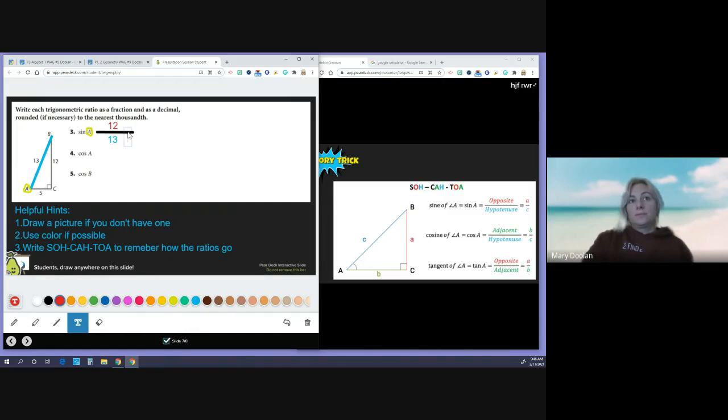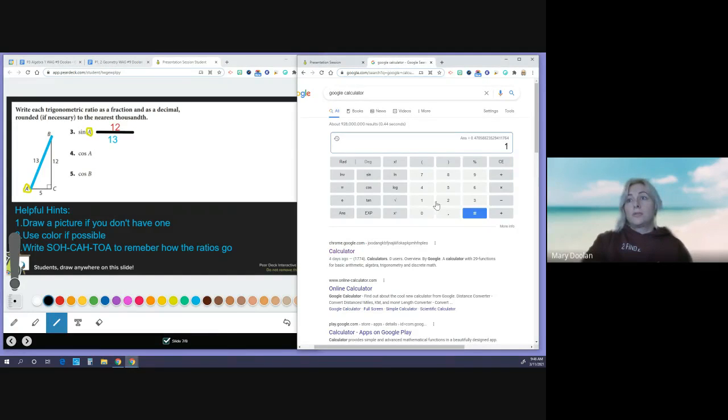So we wrote it as a fraction, and now we need to write it as a decimal. If I go to the calculator, 12 divided by 13, we get that.